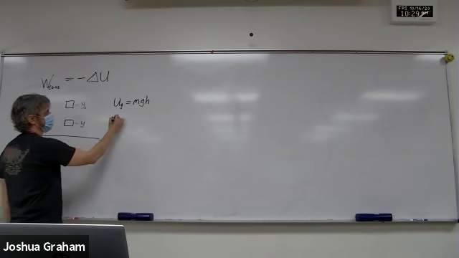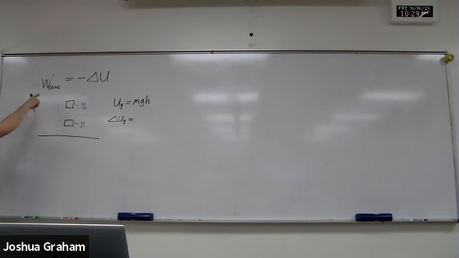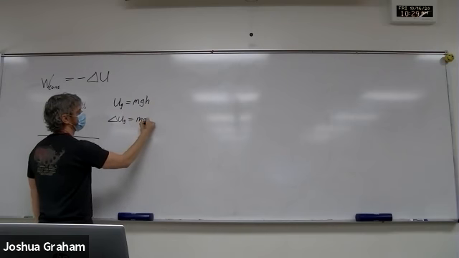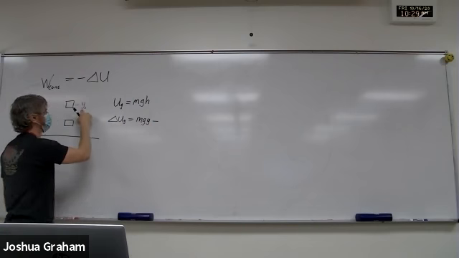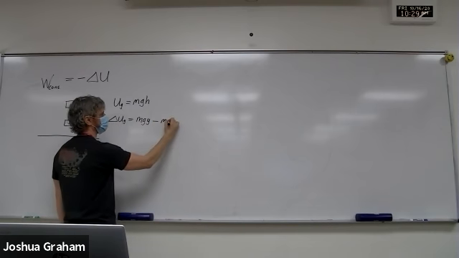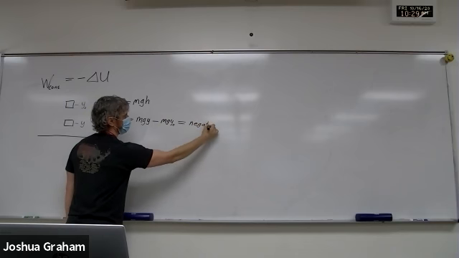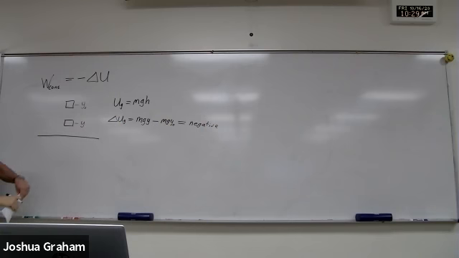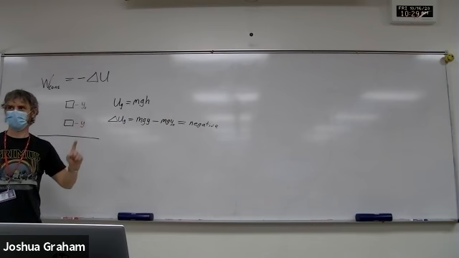And so a change in gravitational potential energy due to the work done by the conservative gravitational force is going to be mgy minus mgy naught, which is negative, right? The potential energy here is less than it was here. So the work done by the conservative gravitational force is equal to the negative change in potential energy.